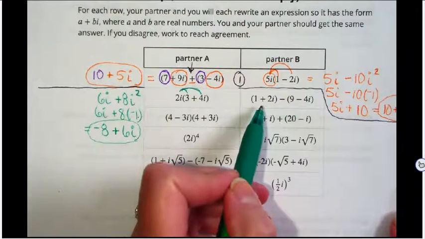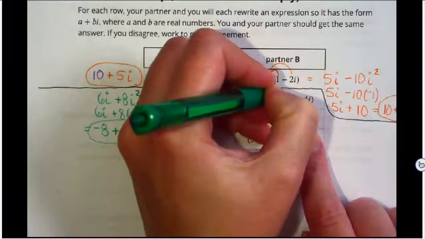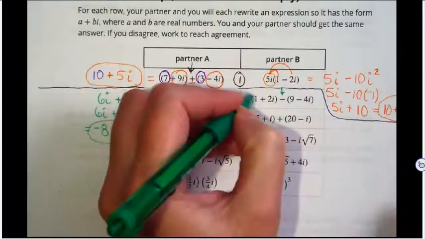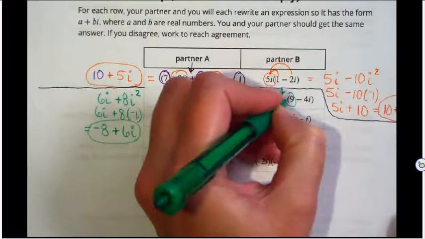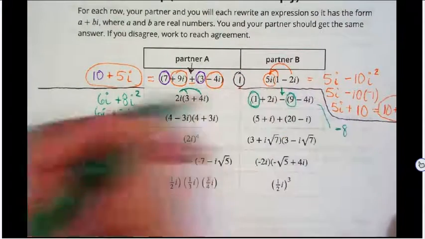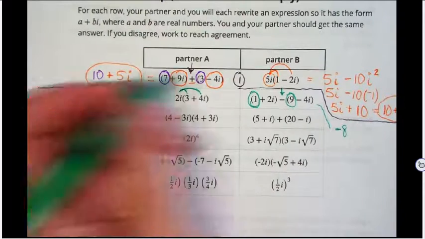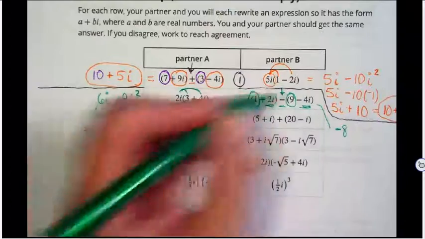On the other side of things, partner B has a subtraction of complex numbers. We are subtracting. So again, combining like terms, 1 minus 9 would give us a -8. 2i minus 4i.